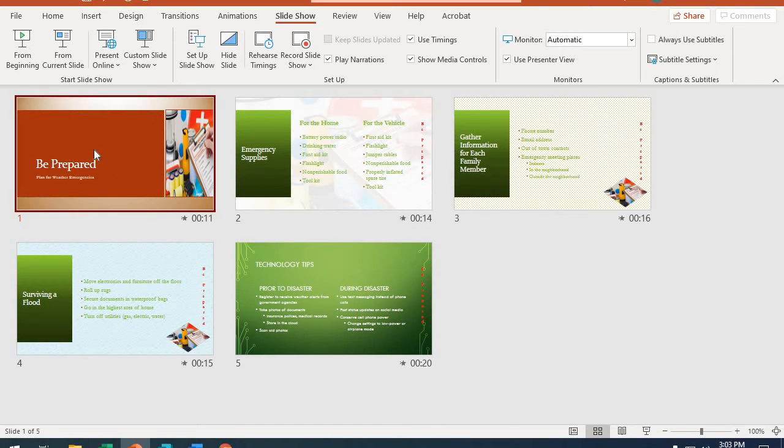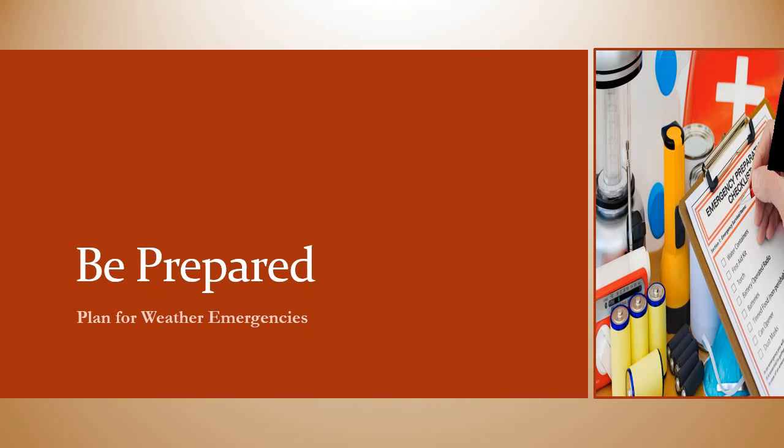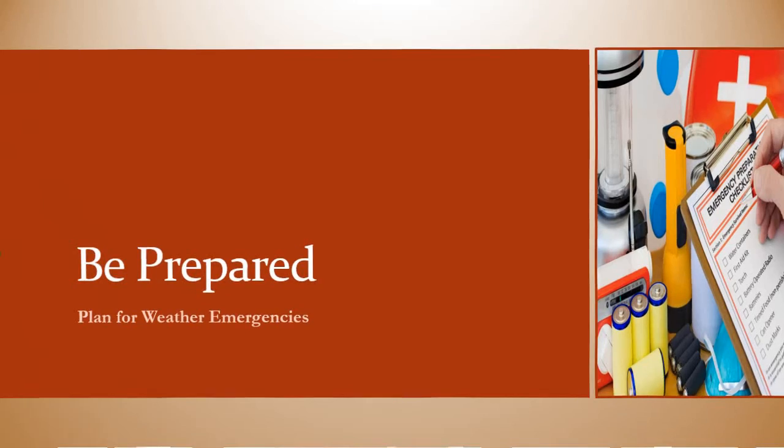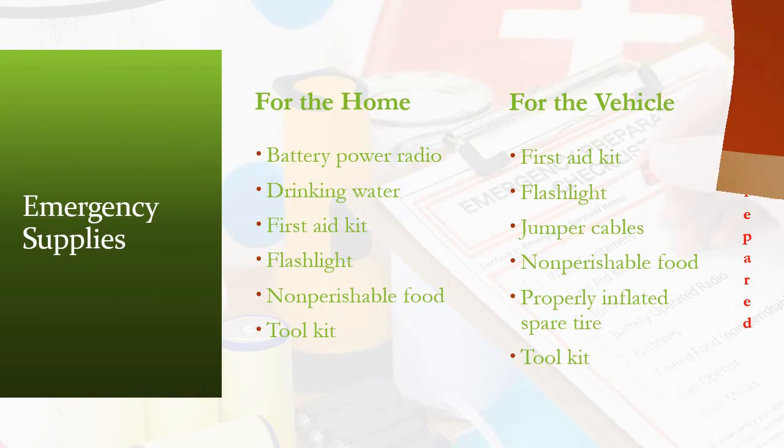And this is what that would look like. So we'll start one and we'll just run it through. I'd say, okay, Be Prepared is a presentation that is talking about planning for weather emergencies. And then hopefully I have some other stuff to add. Some supplies that you would need for home are a battery powered radio, drinking water, first aid kit, flashlight, non-perishable food, and toolkit.